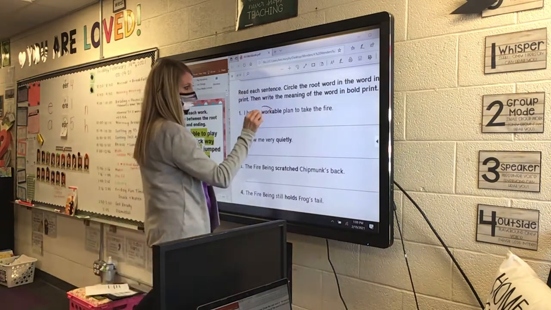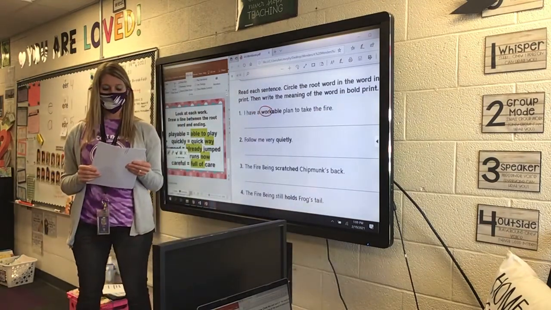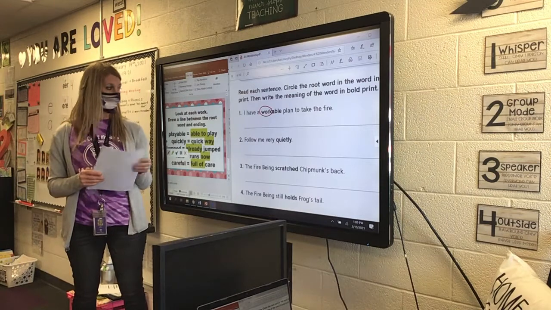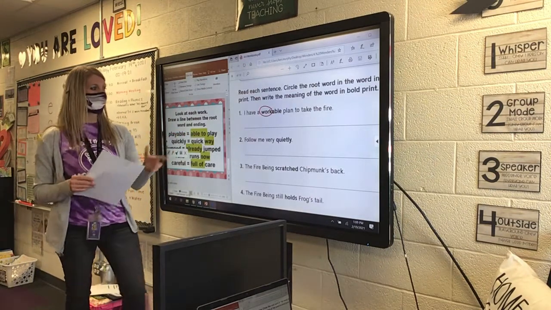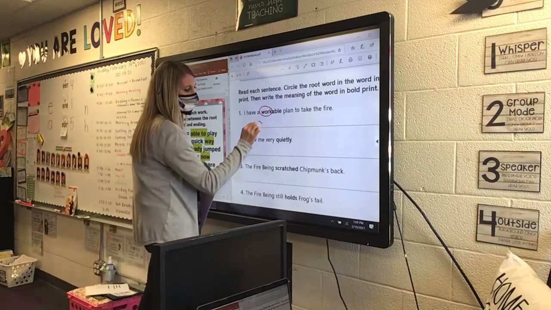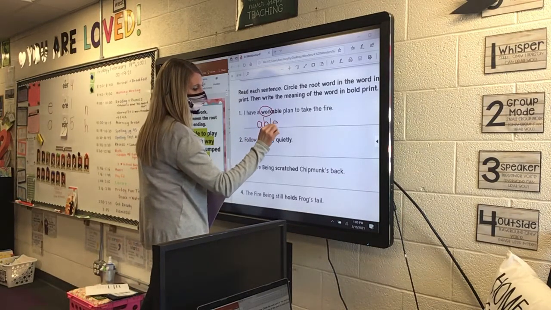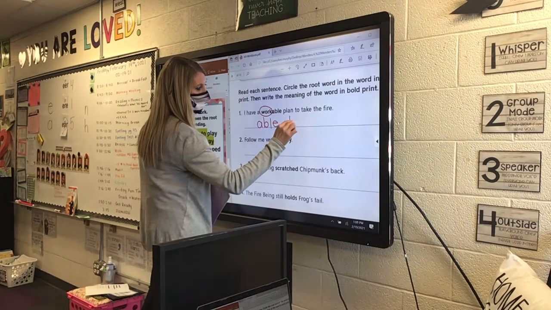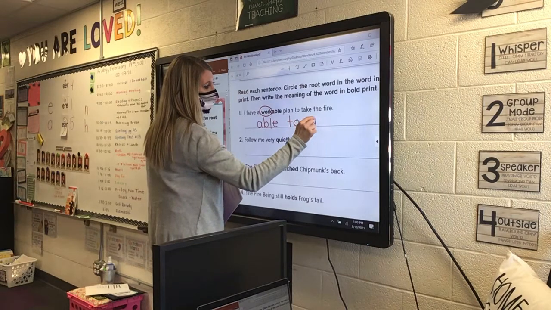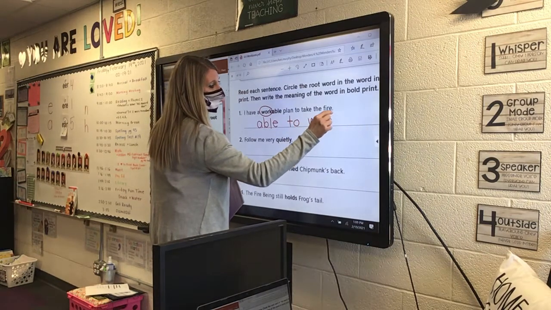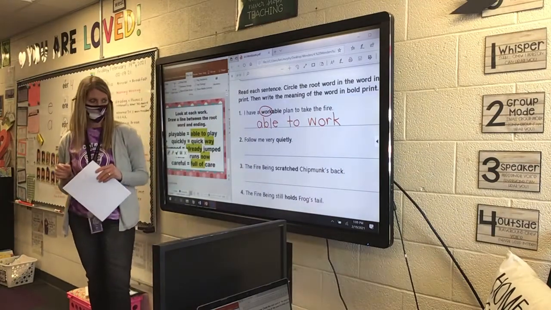Then the second step is to write the meaning of the word in bold print. So if I look at able over here, able is able to. So I'm going to write on the first line, able to, and then I'm going to take my root word, work, able to work. So workable is able to work.